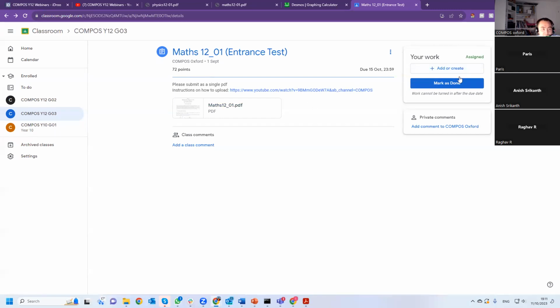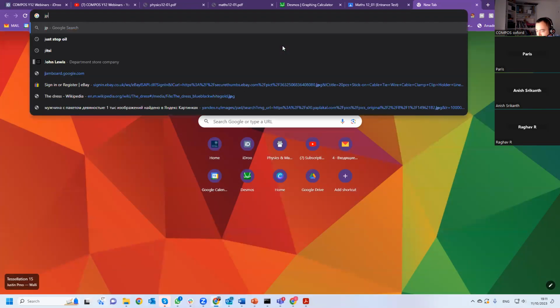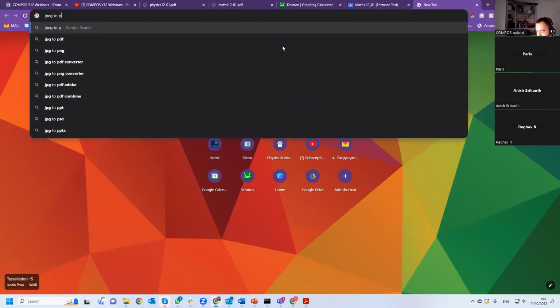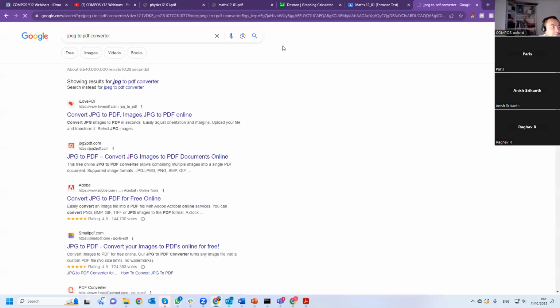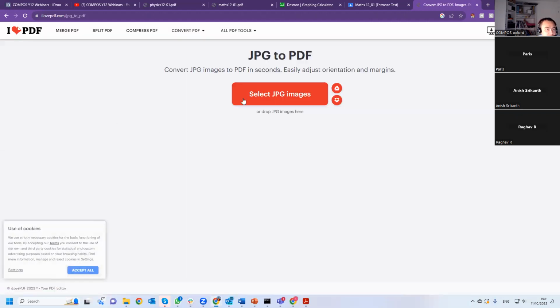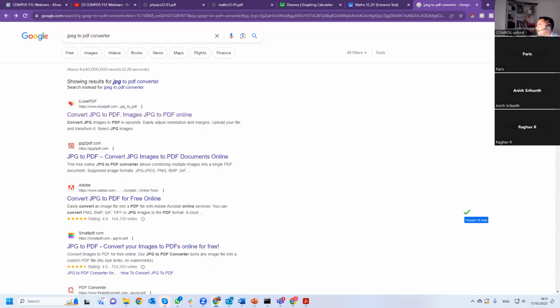If you don't do it with your phone, you can use a JPEG to PDF converter. So just Google JPEG to PDF converter. Sounds reasonable. Any method, but please PDF.